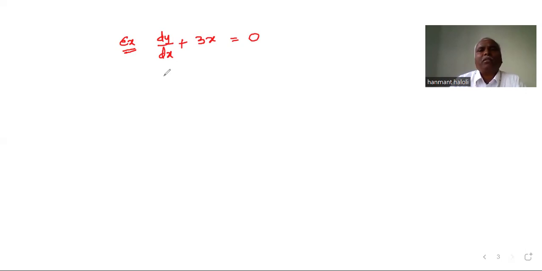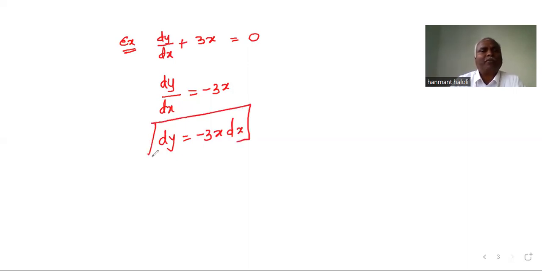Now how to make it variable separable form? dy by dx, keep on one side, shift minus 3x to this side, we get dy equal to minus 3 into x into dx. Then this relation becomes variable separable form.